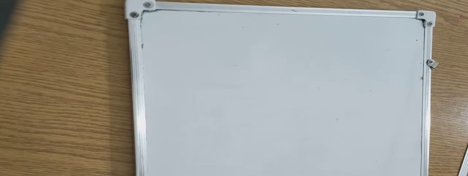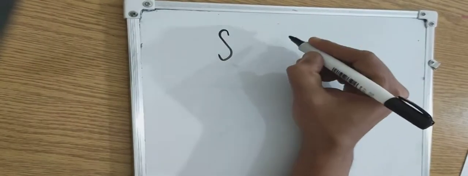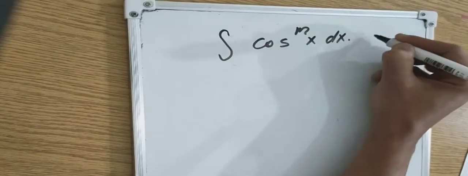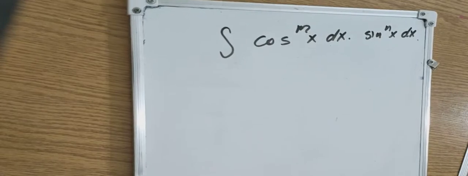To sum up this case now, if we have the integration of cosine power m times sine power n, we have two cases.